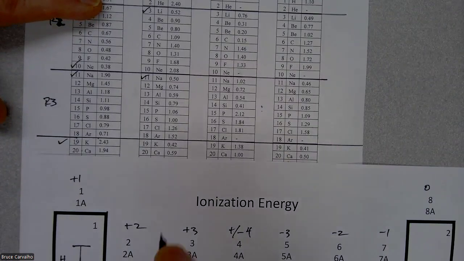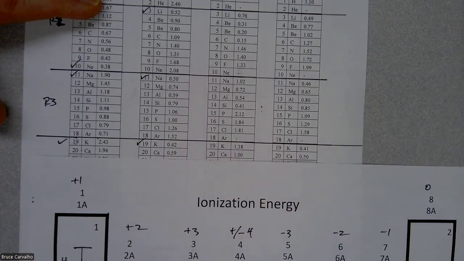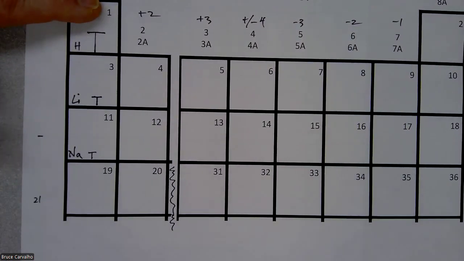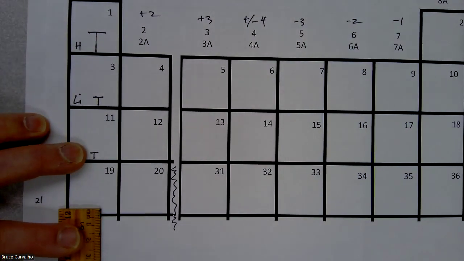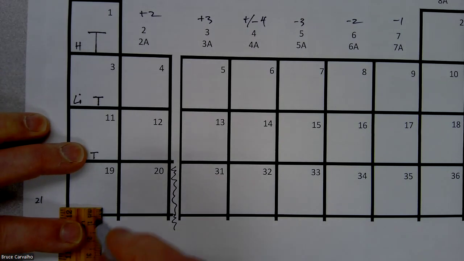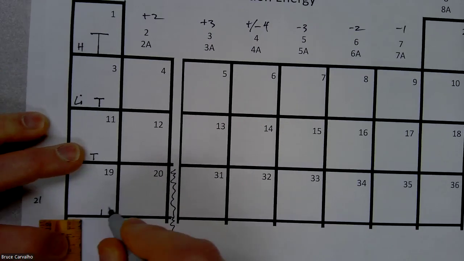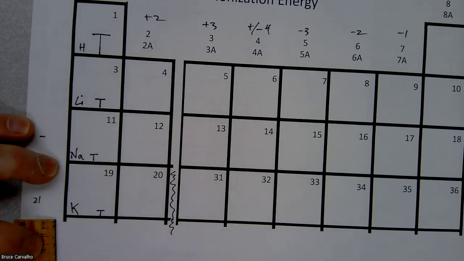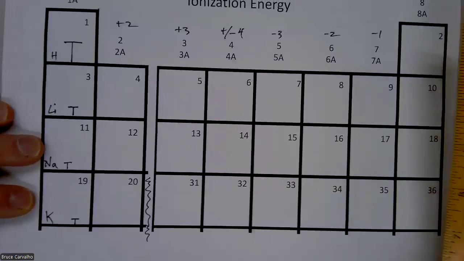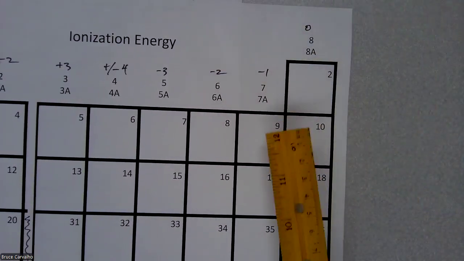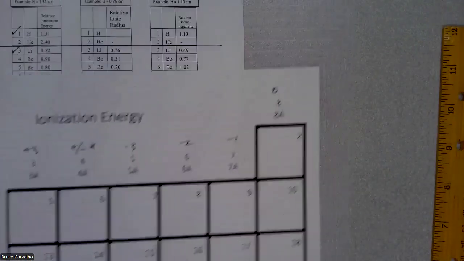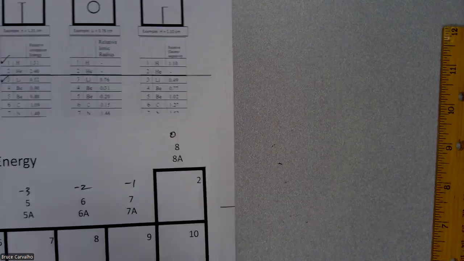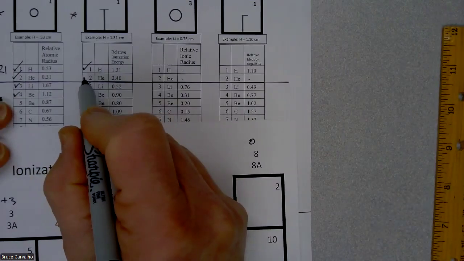Potassium, number 19. And it's 0.42, so it's a little bit smaller than the last one. I'm going to go to 4 little dashes, 1, 2, 3, 4, and a T and a K for potassium, right? Okay, now let's go over to helium on the top, and that will be element number 2 on your chart.